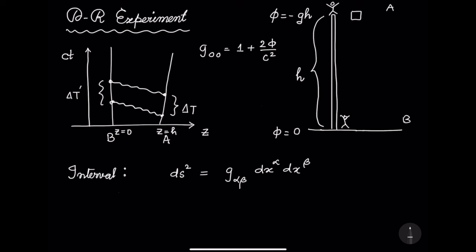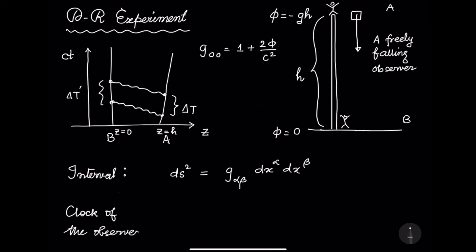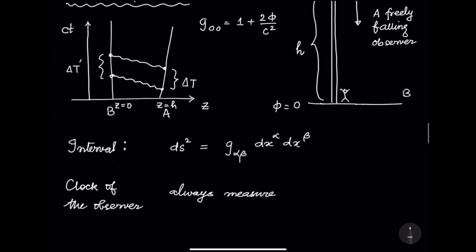What I do is, I now consider a freely falling observer in the gravitational field we have here, and this freely falling observer has a clock. So this clock will always measure the proper time interval.